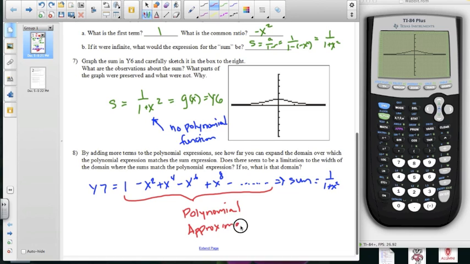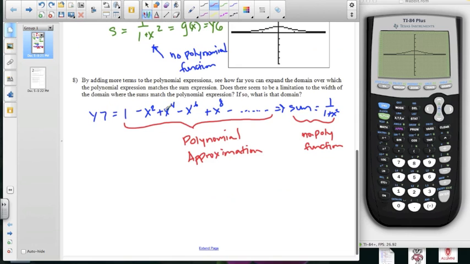And we call it an approximation because it's not an infinite sum, it's finite. And polynomials are, of course, x terms raised to some positive power. And so that polynomial approximation is going to match this non-polynomial function for a period of time. You'd have to write out infinitely many terms to get an exact match.